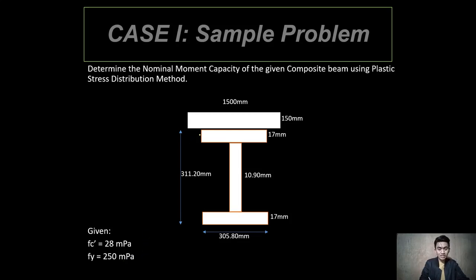The dimension of our concrete slab is 1,500 millimeter by 150 mm, wherein our steel section here has a flange width of 305.80 millimeter and a thickness of 17 mm for the flange, and then a web thickness of 10.90 mm. So let us try to determine the nominal moment capacity of this composite beam.